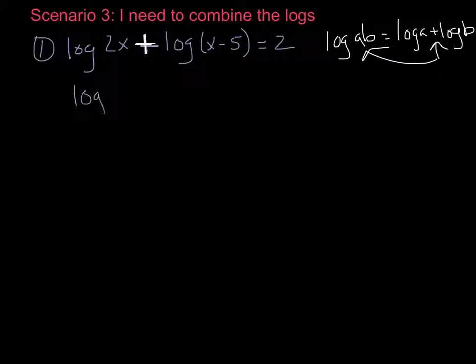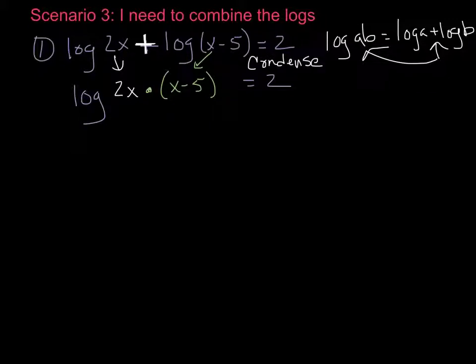So I'm going to have the log, but it's going to be 2x, that's this one, times x minus 5. That's this one, and of course this still equals 2. So I'm doing a condense step right here. Condense.